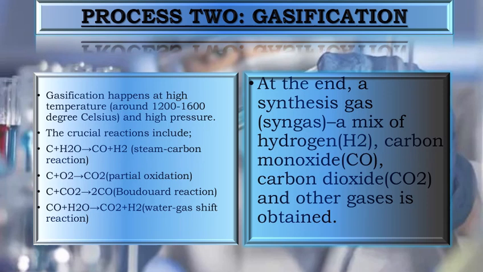Partial oxidation forms carbon dioxide. The Boudouard reaction generates more carbon monoxide, CO. And next, the water gas shift produces even more hydrogen. The result is a synthesis gas, or syngas, which contains hydrogen, carbon monoxide, carbon dioxide, and trace gases.